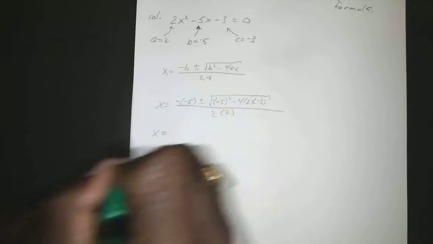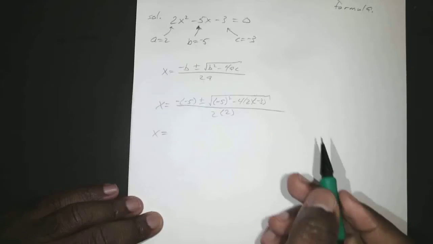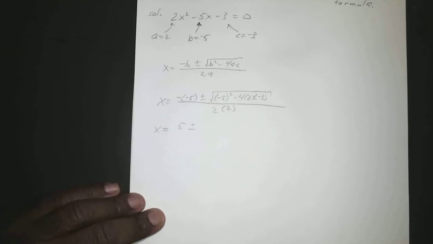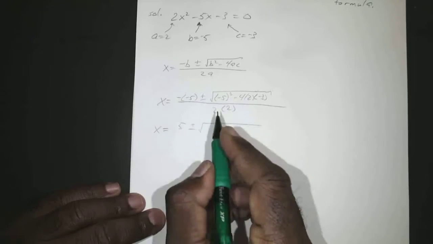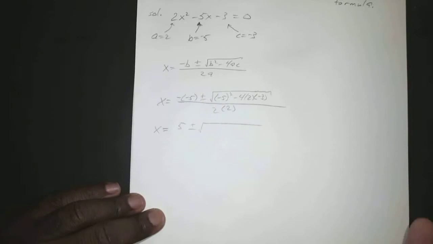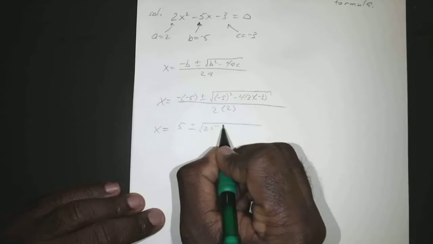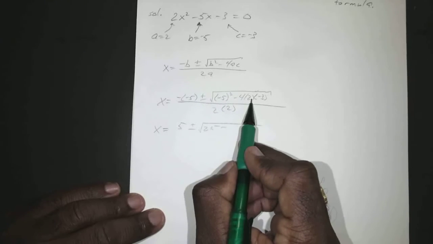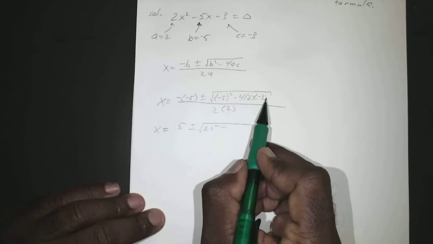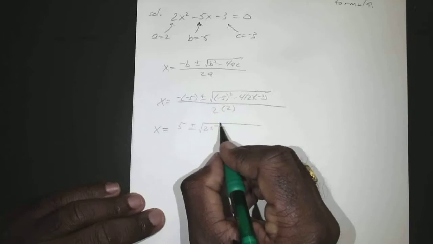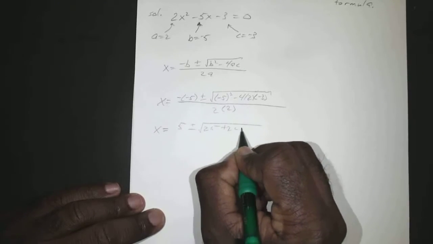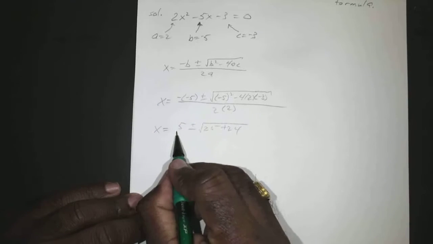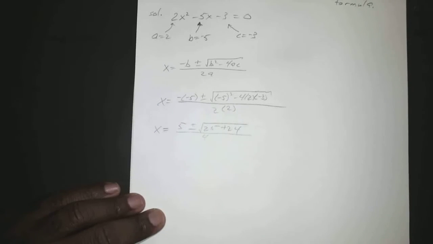Okay. So x equals negative times negative is positive, so you have 5 plus or minus the square root of negative 5 squared, which is 25, minus 4 times a times c, so that's 4 times 2 is 8, 8 times negative 3 is negative 24, negative negative is positive, so it's plus 24, all over 4.